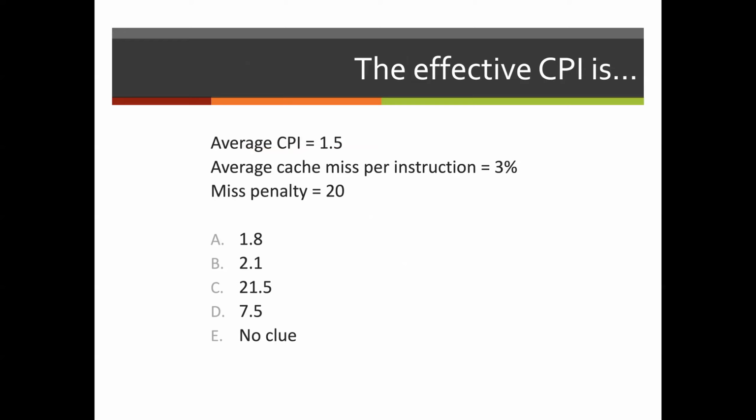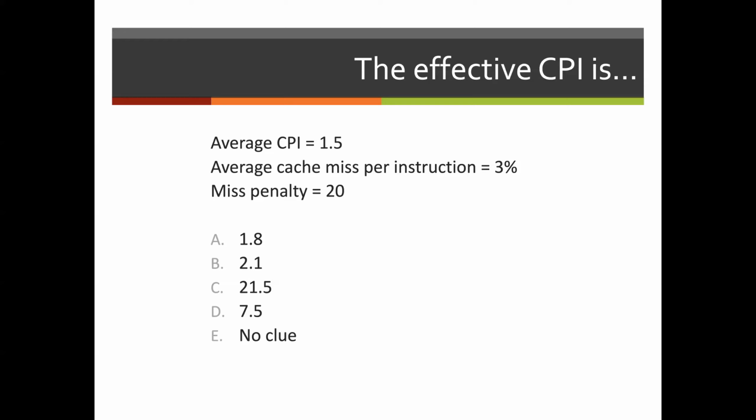If we have our average CPI equal to 1.5, the average cache misses per instruction equal to 3%, and the miss penalty equal to 20, the CPI effective is going to be which of the following? A, 1.8, B, 2.1, C, 21.5, or D, 7.5.